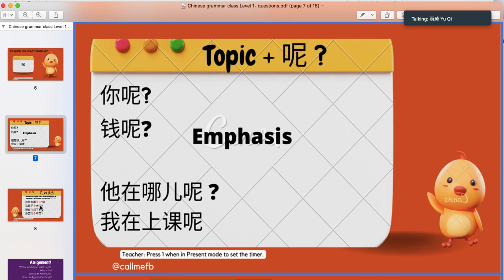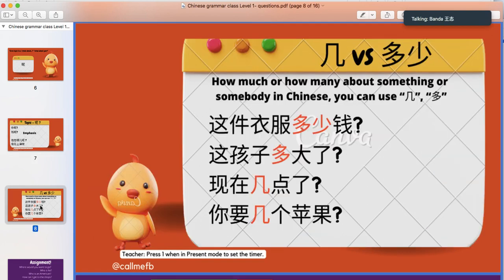Good. Yeah. Let's look at that. I was just gonna say numbers, but anyway, it has to do with numbers a little bit. 几 versus 多少. So how many or how much? Could use 几 and 多少, or sometimes just 多. All right, let's look at some example sentences. 这件衣服多少钱?